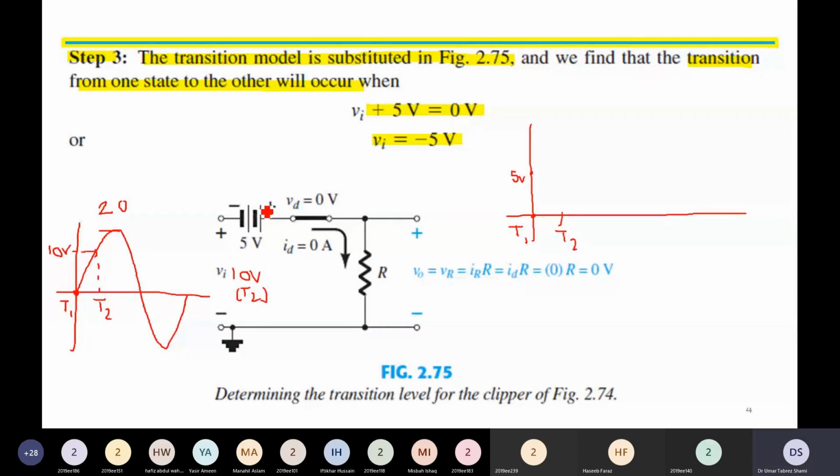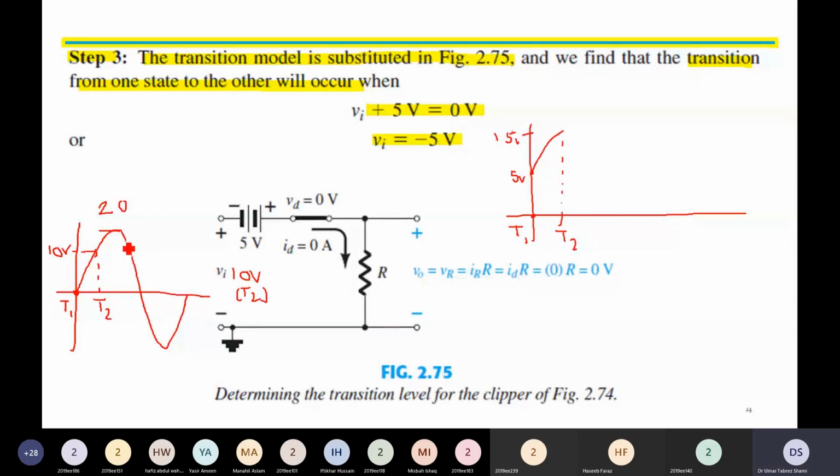Therefore, the voltage appearing at the anode terminal of the diode is 15 volt. Since we are taking an ideal diode, the diode voltage drop is 0 volt. It is simply short circuited, simply forward biased. Therefore, at time t2, the input voltage plus the 5 volt will give us 10 plus 5, 15 volts. So this is what will happen at time t2.